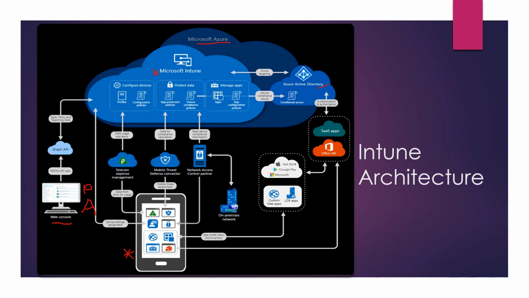And that in the background actually does Graph API calls. Graph API calls are like REST API calls. It's what is working in the background, which we can see using a tool called Graph Explorer. And then that protocol is actually used to go to Microsoft Intune and create policies over there.